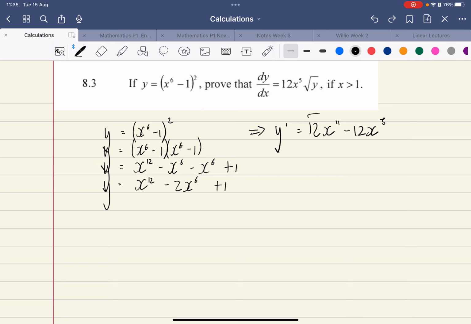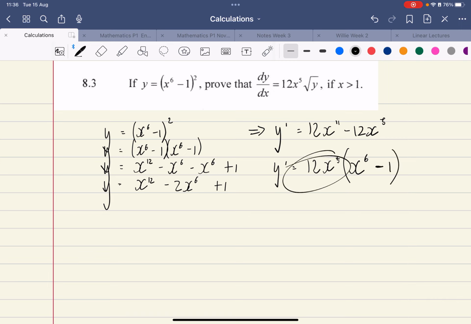Well, I do notice that I have common factors. I've got 12, 12, and x to the 5. So let's pull those out and see what happens, just to see what happens. I'm going to pull out 12x to the 5. So then I'll have x to the power of 6 minus 1.